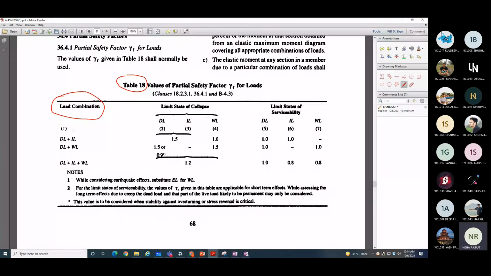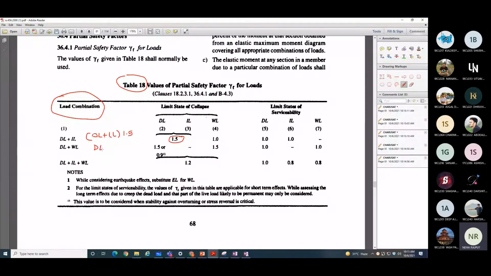If you can see, I have discussed this table also at the time of beam design. The load combinations for the three main types of load: dead load plus imposed load, meaning live load. The partial safety factor for dead load plus live load is 1.5. Then the second type is dead load plus wind load.